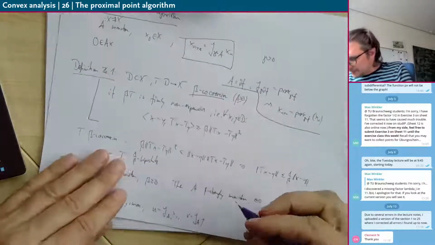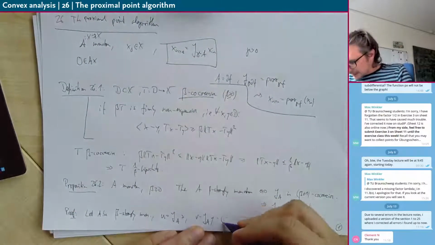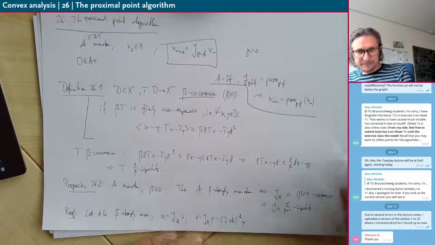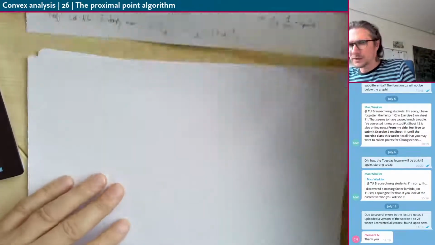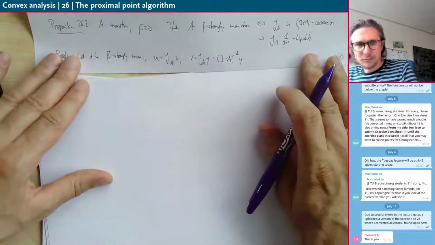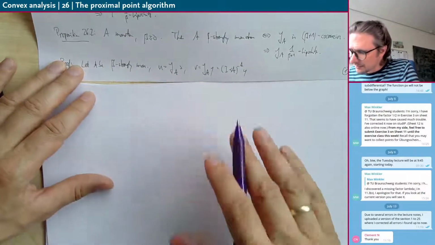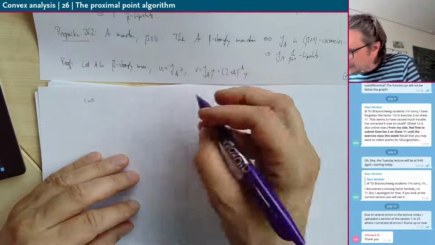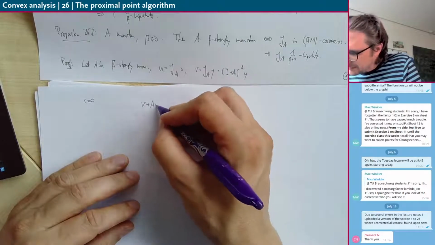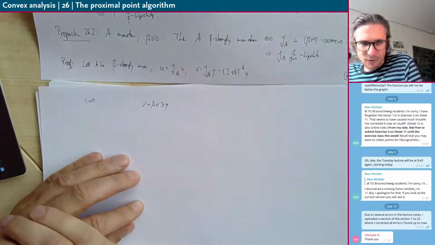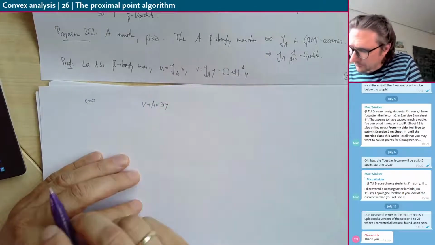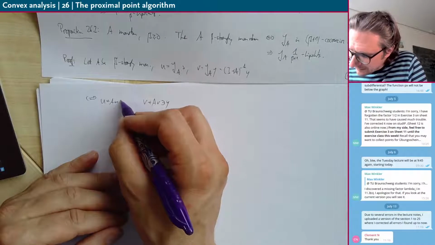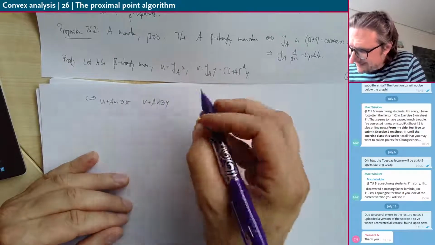Remember that the resolvent here is (identity plus A) to the minus 1 of y. So now we can just bring that to the other side and see that this is if and only if we have v plus Av contains y. And the same here, bringing the resolvent to the left hand side, you have u plus Au contains x.